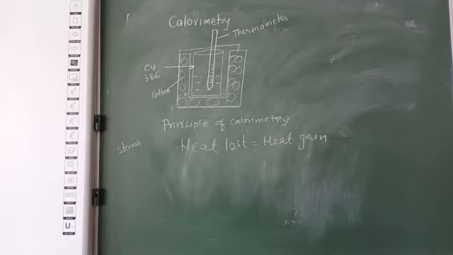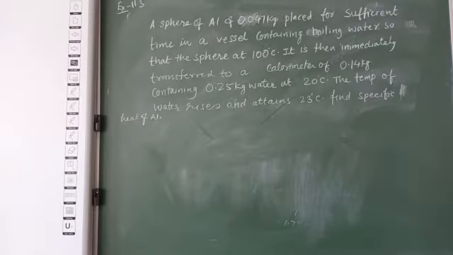Now let us consider one example to understand heat loss equals heat gain. To understand that we can take the example of an aluminum sphere, in which the specific heat of the aluminum sphere is to be calculated. This is example number 11.3.